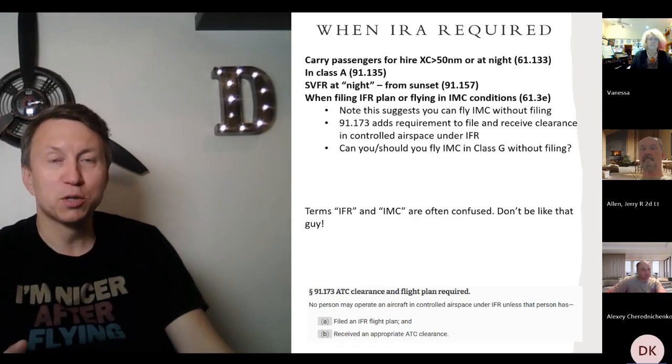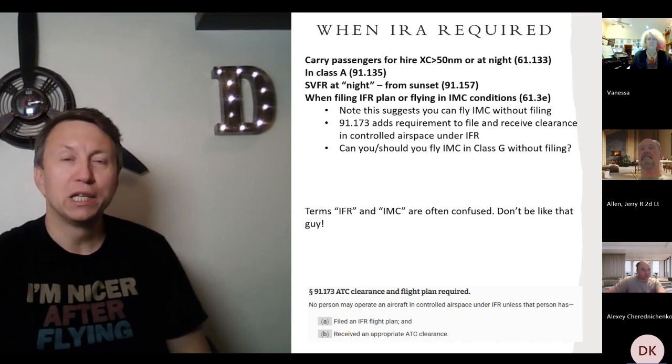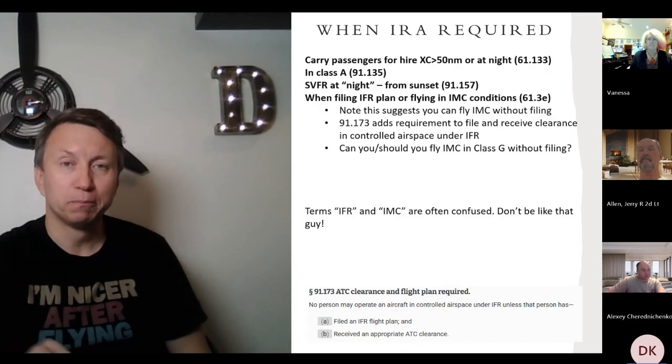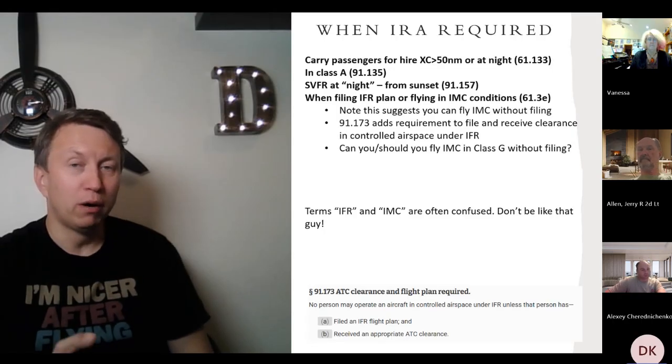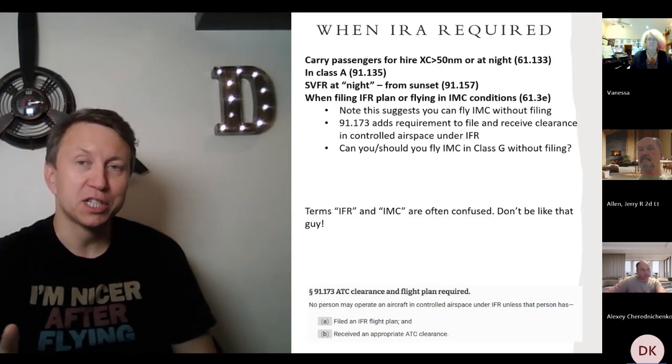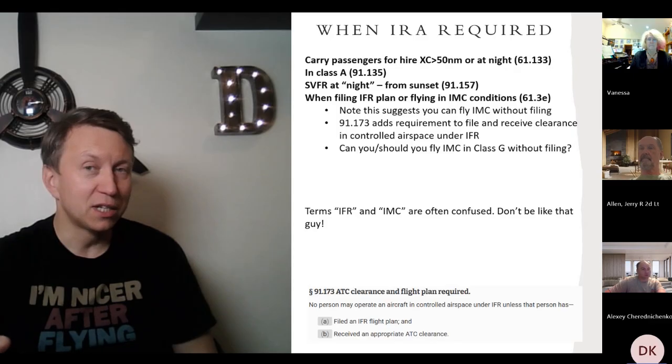And the next one is pretty key, and that's mostly the reason why we would be getting this instrument rating. So an instrument rating is required when filing an IFR plan or flying in IMC conditions, and that's in 61.3(e). Note how this hints that you can actually fly IMC without filing, but there is a catch.